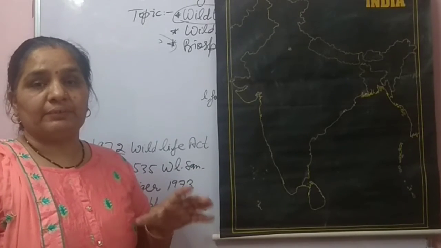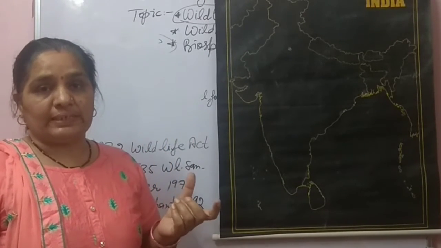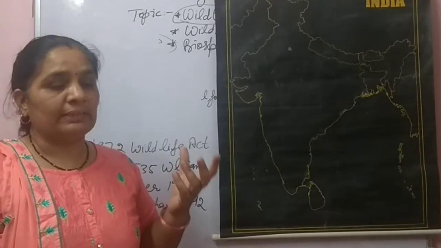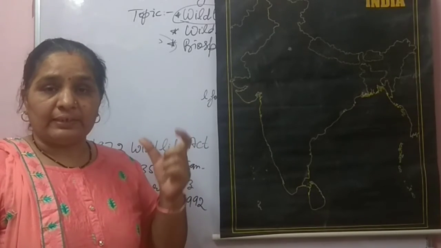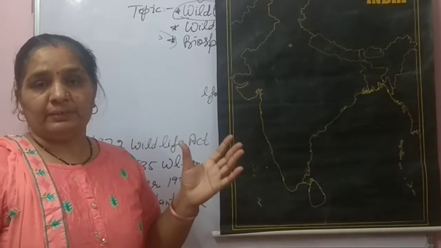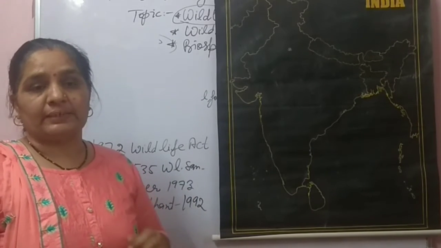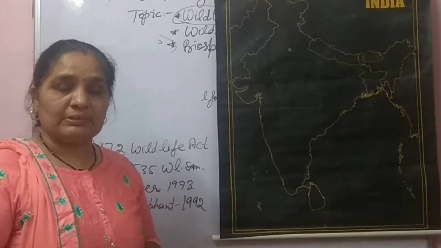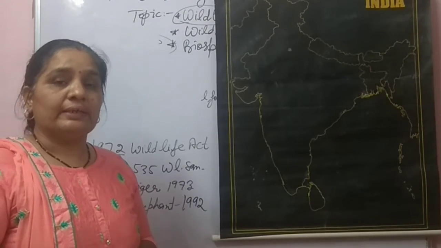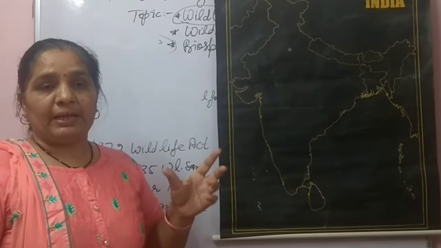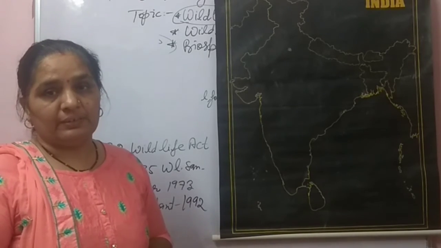Till 1975, the lion was the national animal of India. But when the government realized that the number of tigers was decreasing day by day, it passed an act to protect the tiger, known as the Tiger Project Act, in 1973, and from 1975 till now the tiger is the national animal of India.